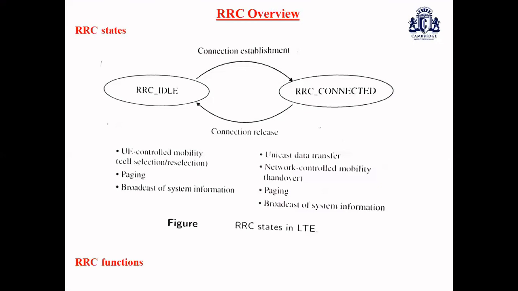Master information block includes a limited number of frequently transmitted parameters, which is done with respect to BCH logical channel, broadcast logical channel. When we say about SIB, system information block, we have different types of parameters to determine if the cell is selected based upon downlink shared channel mechanism. This is one of the functions of your RRC protocol based upon your broadcast of system information.